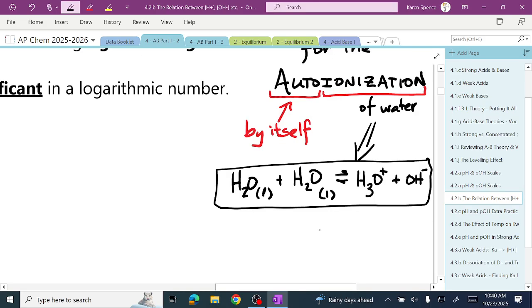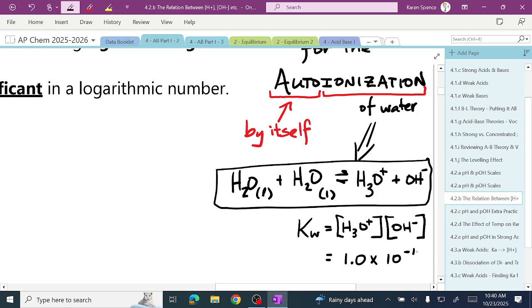So Kw then is hydronium, H3O plus, times hydroxide. Is that good? Okay. What's the value for that? Yeah, 1 times 10 to the negative 14. Okay.